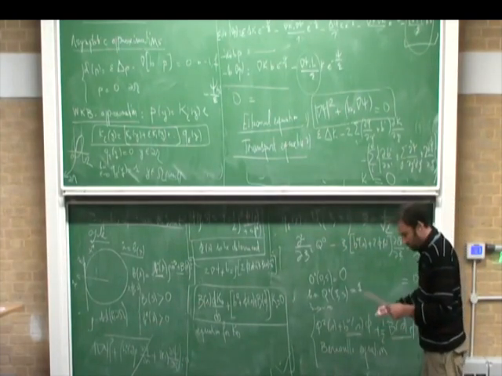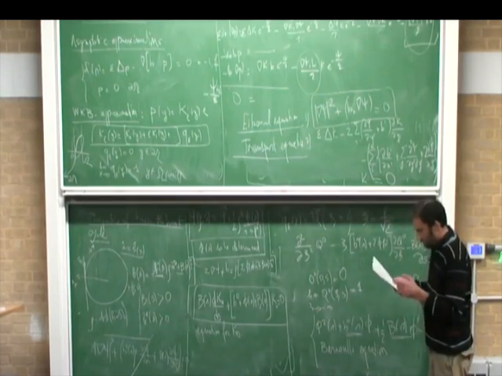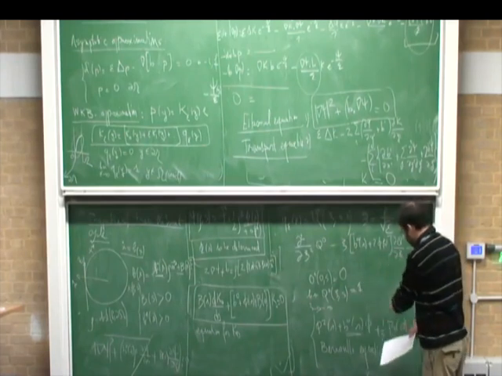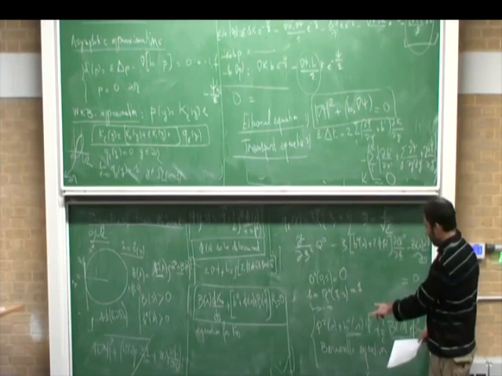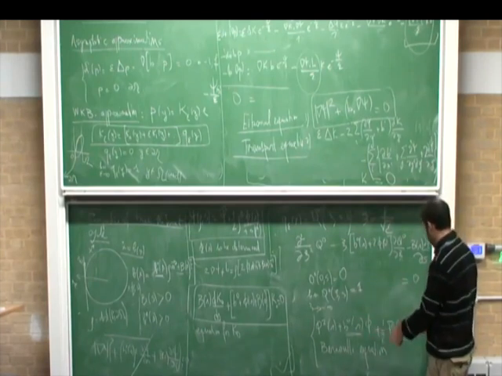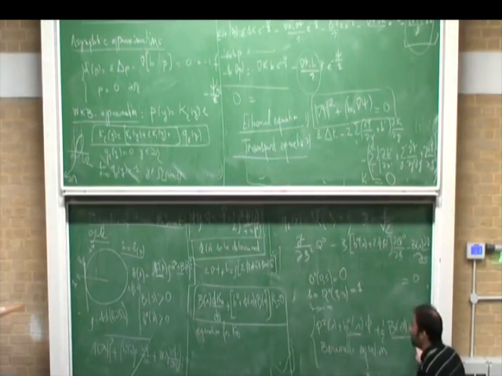The answer is yes. This is the well-known Bernoulli equation. You can find an explicit solution by transforming it back to Riccati. I forgot how. Yeah, I see. You have to divide this by phi squared. You can transform this into a linear equation by using phi prime divided by phi squared.